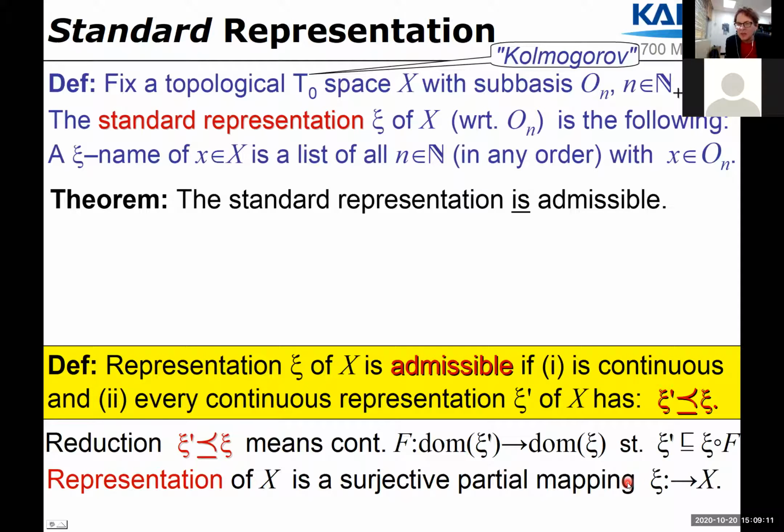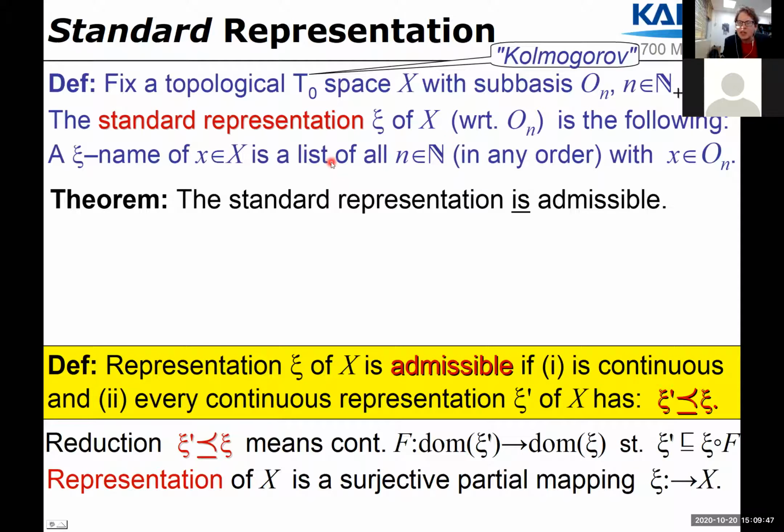It must be functional. So when we put the same name into the representation mapping, then it should be the name of the same element, or put differently, two different elements must have different names. And this is exactly what is asserted by this T0 Kolmogorov property together with the subbase being countable, right? The countable subbase gives rise to this being a list.